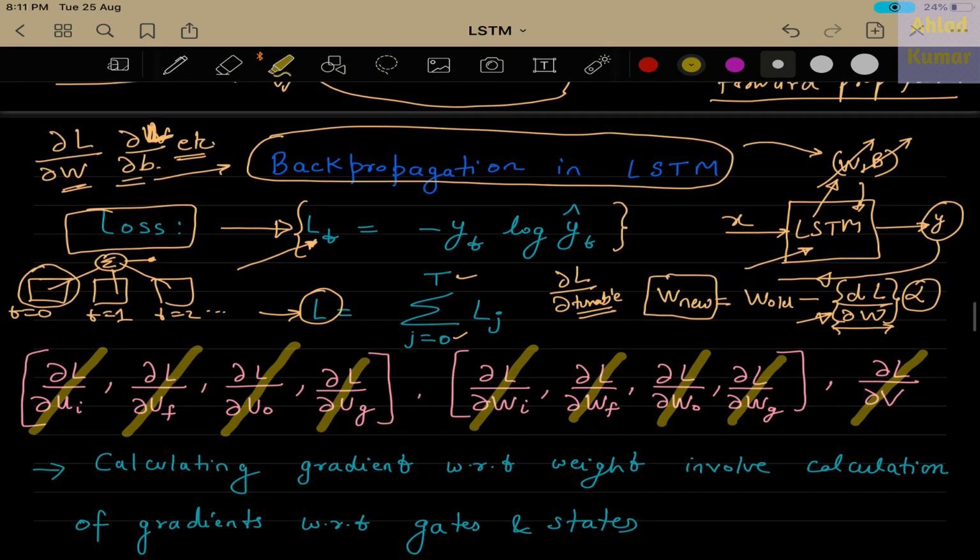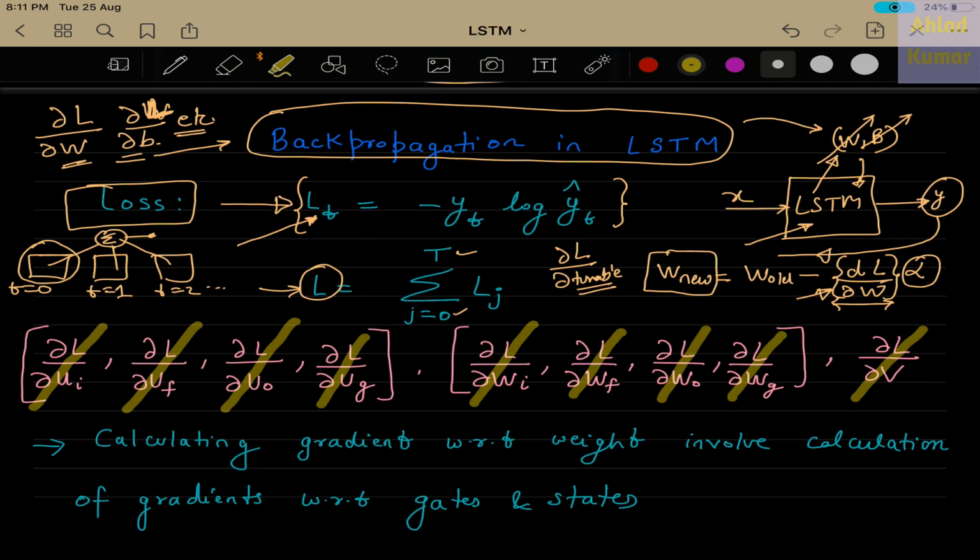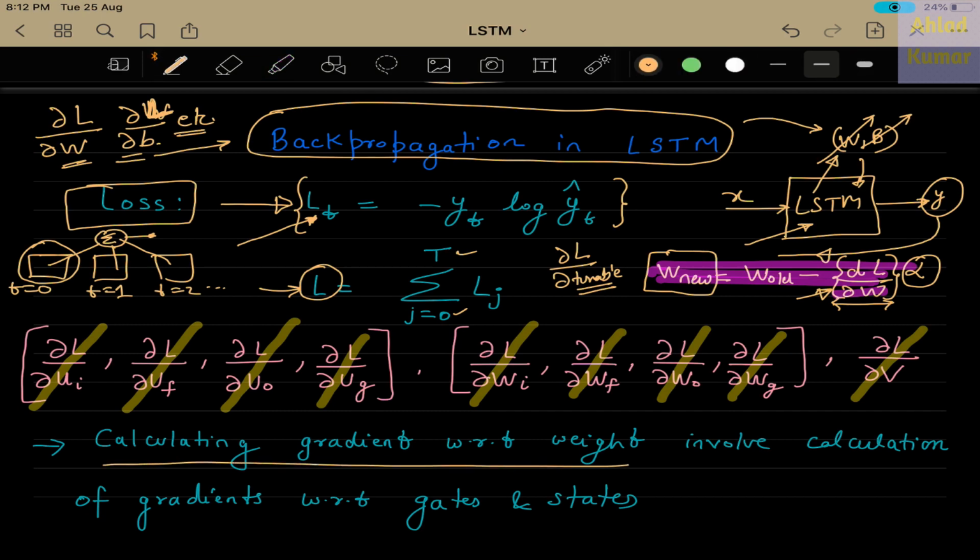So all these derivatives need to be calculated, and then we can apply the update equation given here for each of these individual cases. The calculation of the gradients with respect to the weights involves calculation of the gradients with respect to the gates and states.